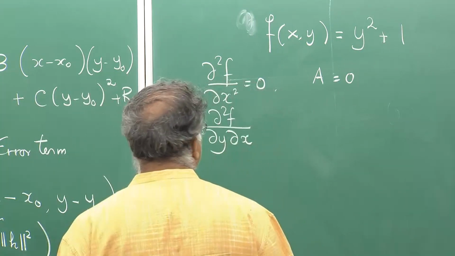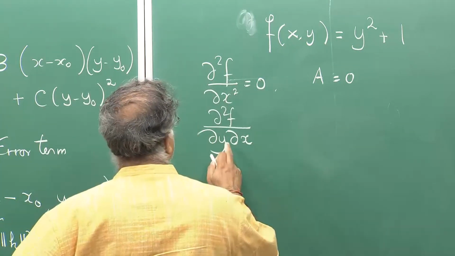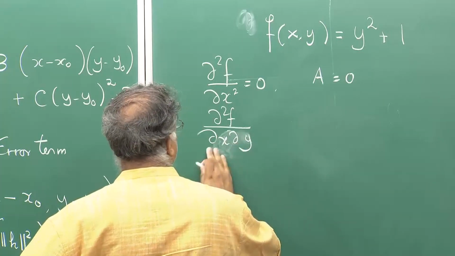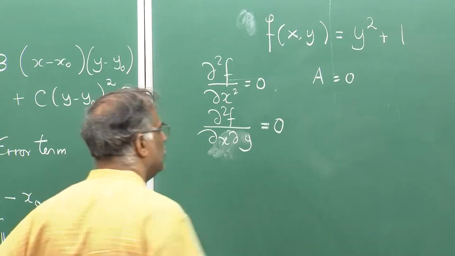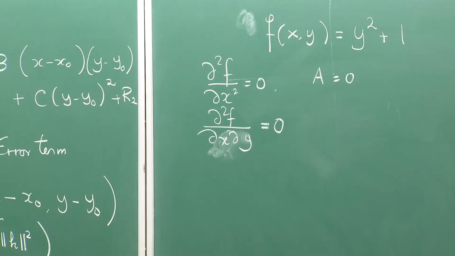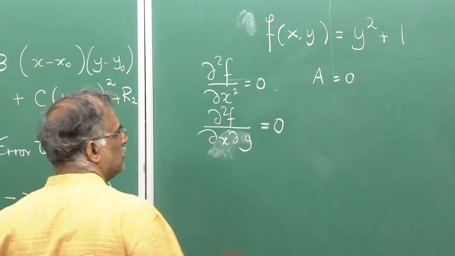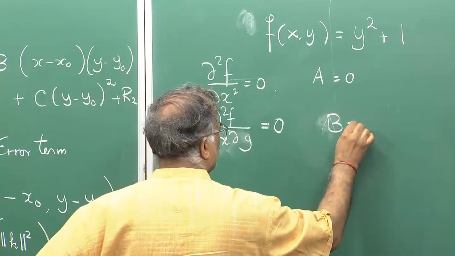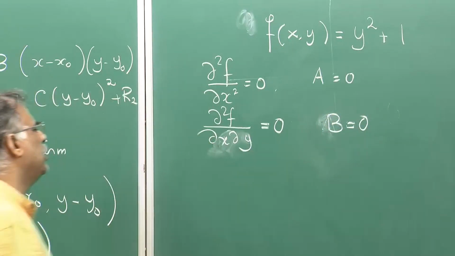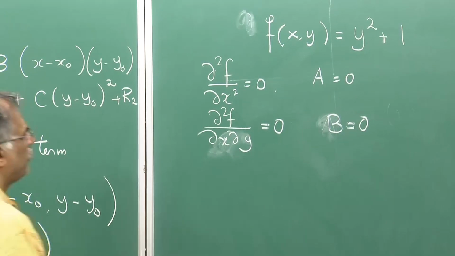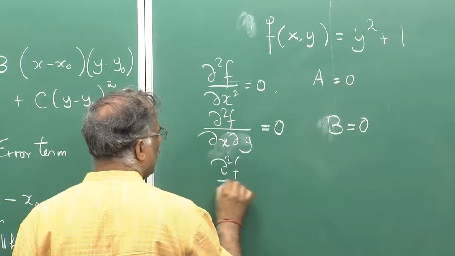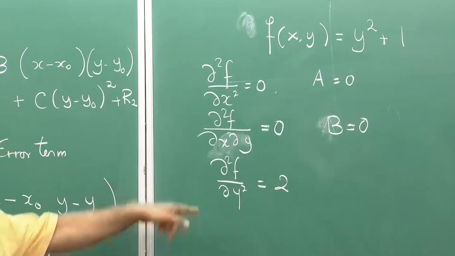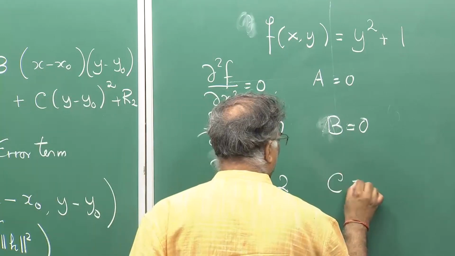Del 2f del x del y is 0, so B is 0 because half of this is B. And del 2f del y2 is 2, so C is half of this, so C is 1.